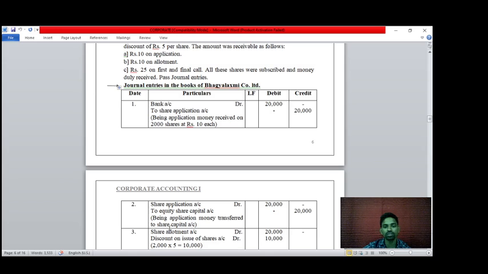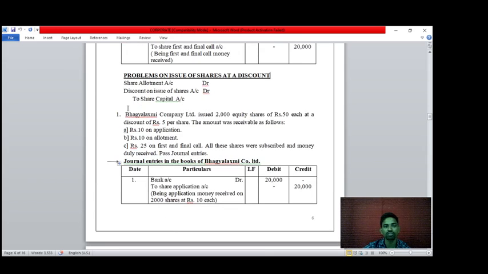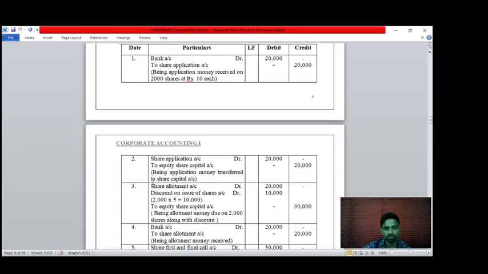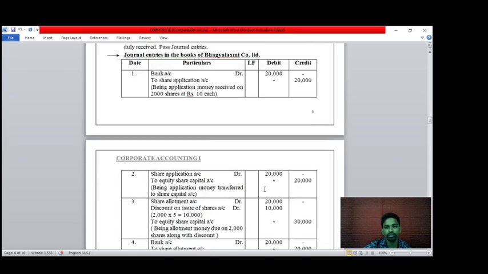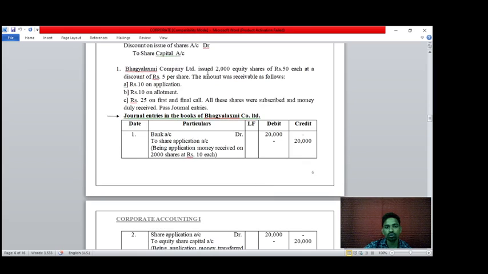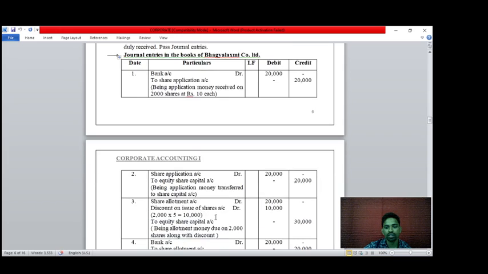The entry is: share allotment account debit rupees 20,000, which is 10 into 2000; discount on issue of shares account debit rupees 10,000, because 5 rupees discount is given, 2000 into 5 is 10,000; to equity share capital account credit rupees 30,000.